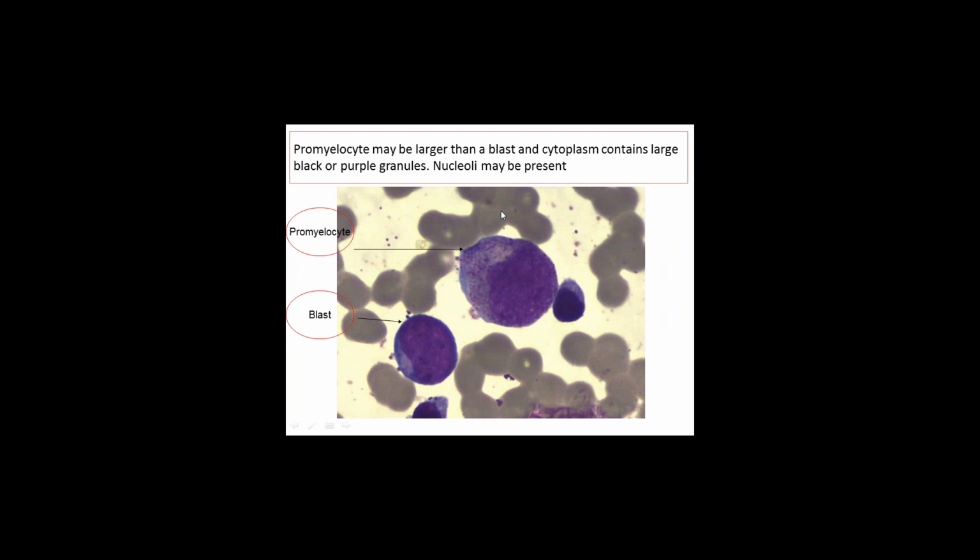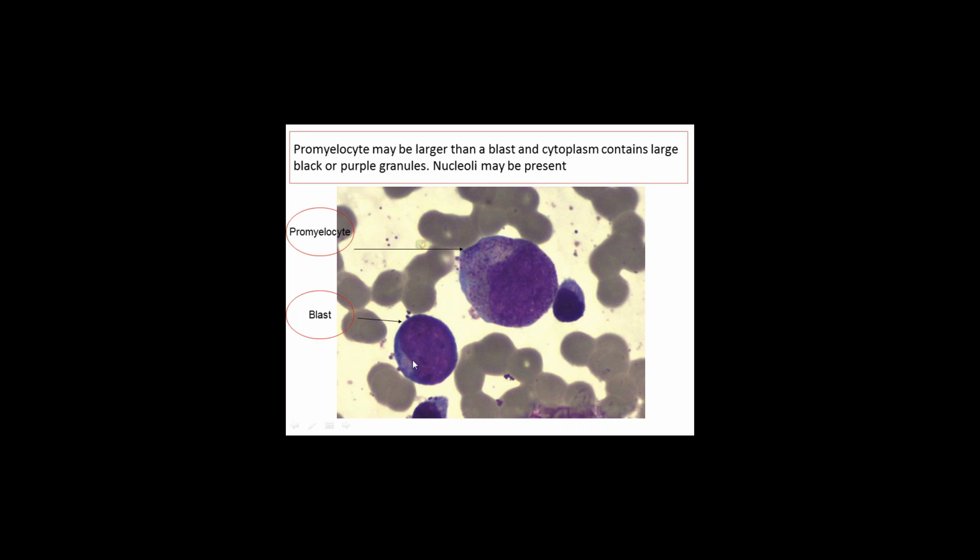The promyelocyte is larger than a blast. It has more cytoplasm. It has more granules and a very clear-cut Golgi shape. The blast has a condensed nucleus and a scanty to moderate amount of cytoplasm depending on which type of blast it is.